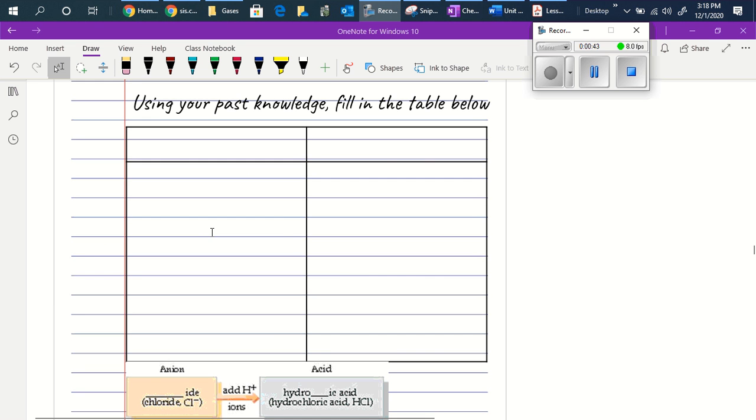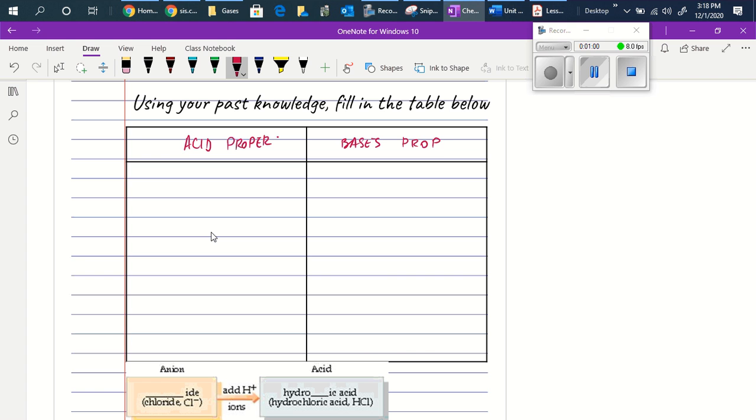So for what we have discussed for as long as we have been in chemistry, we know some of the acid properties and some of the base properties.